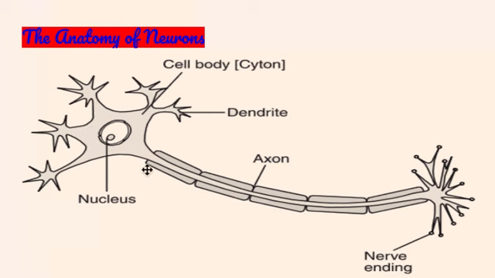and now goes to the axon hillock right here. This would be the axon hillock. And if the signal is strong enough, it will actually go to the axon itself.